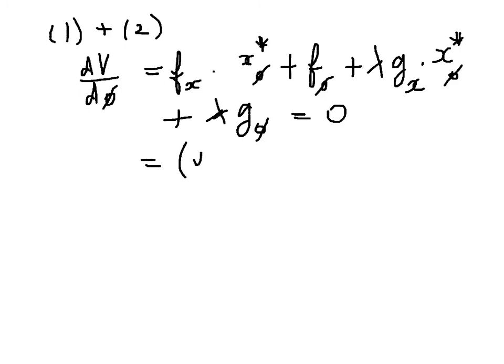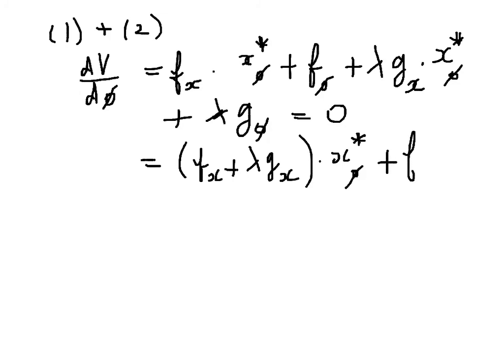So I get f x plus lambda g x, all of these are partial derivatives with respect to x, times partial derivative of x star with respect to phi, plus partial derivative of f with respect to phi plus lambda partial derivative of g with respect to phi, and all of that is equal to 0.